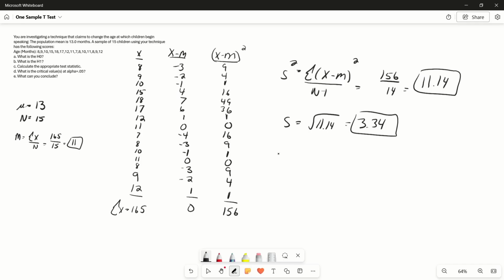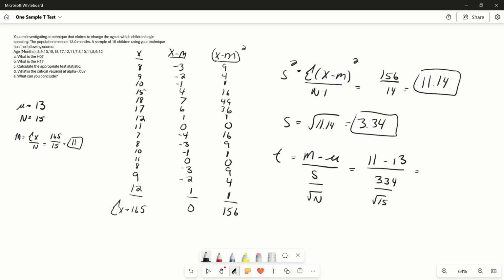Now that we have that, we can plug into our t formula, which is the mean of the sample minus the mean of the population over S, the sample standard deviation over the square root of n. So we have 11 as our sample mean. We're comparing it to 13 as the population mean. Our S is 3.34. And then the square root is square root of 15.